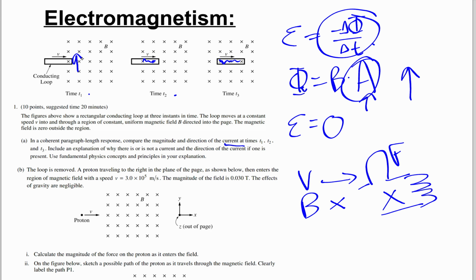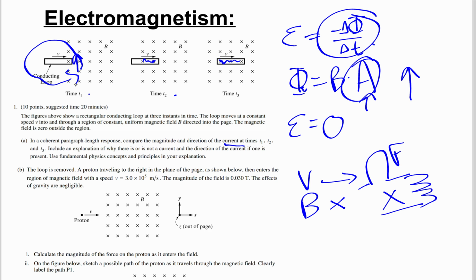The top and bottom are going to cancel, or rather they're not going to do anything. So on the right hand side there's an upward force. That means the current, and again the current is the direction of positive charges, so that's why the right hand rule works well with the current. So if the current's going to be going that way, we're going to end up with a loop going that way. So the loop is going to be counterclockwise.